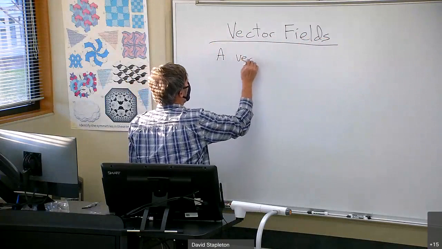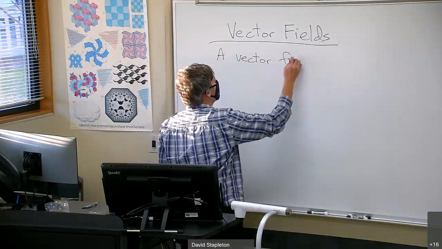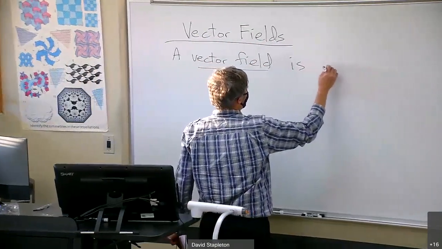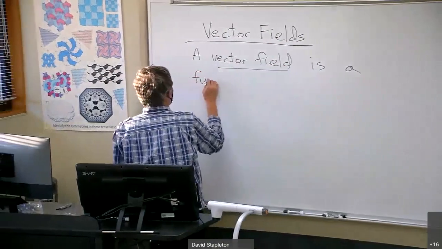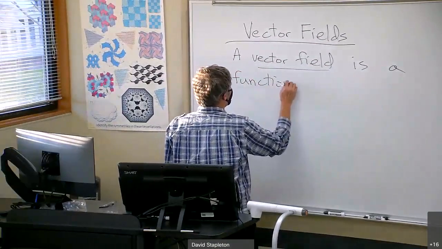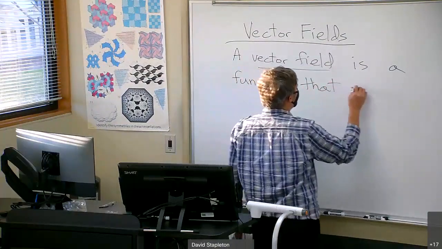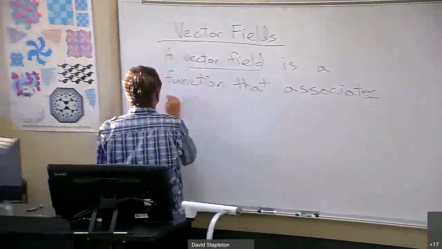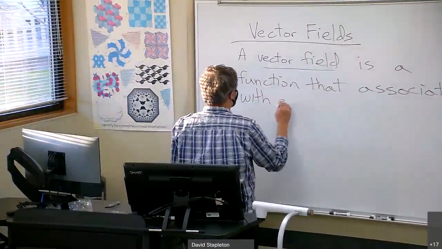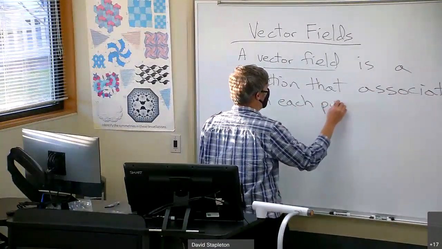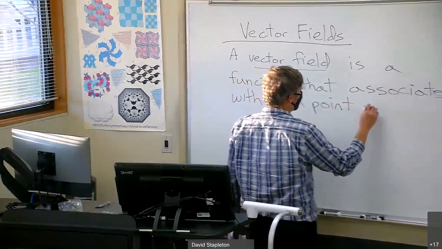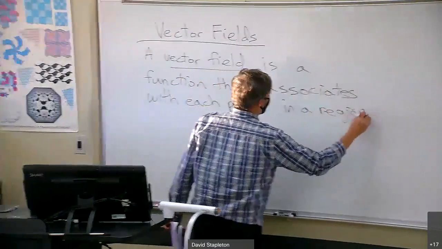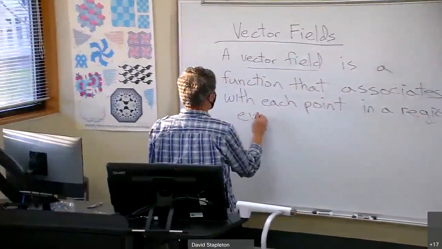A vector field is just a map or a function that associates with each point a vector. Exactly one vector.